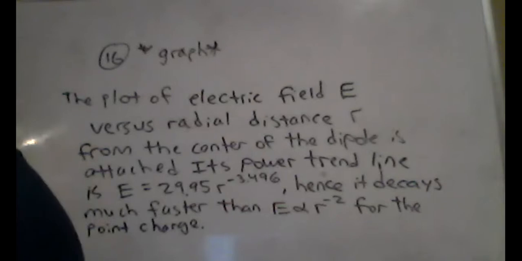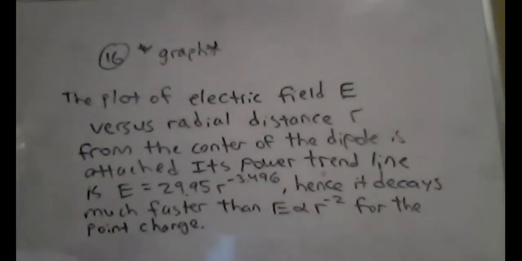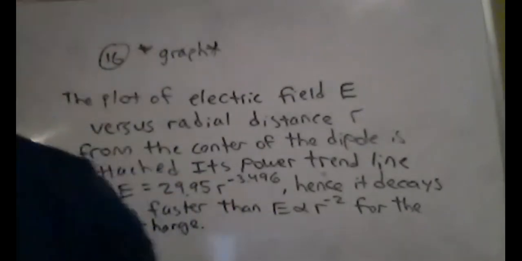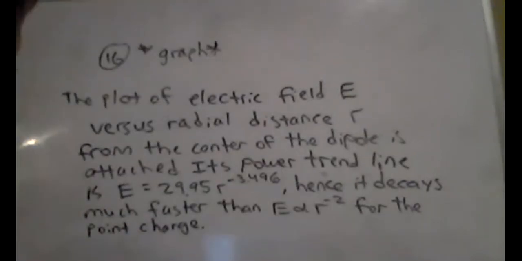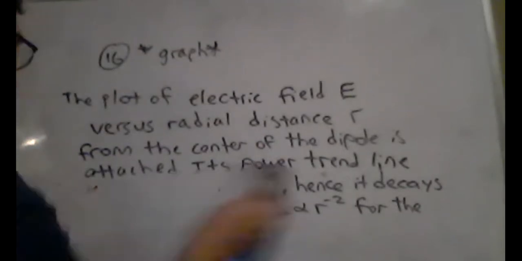All right, 17 basically says, make some measurements of E at points along the x-axis to the left of the dipole. So what I would do is make a table just like you see in 15. So this is for 17. All I've done so far is look along positive x.